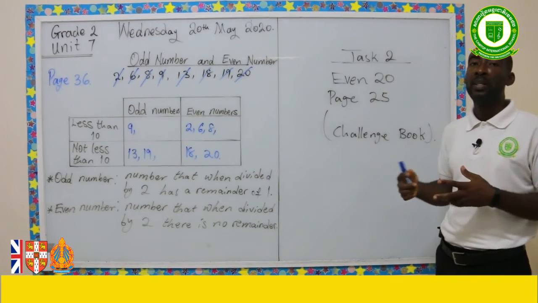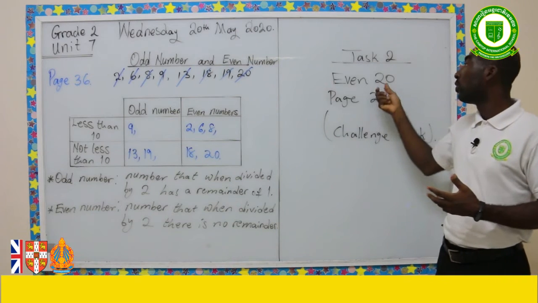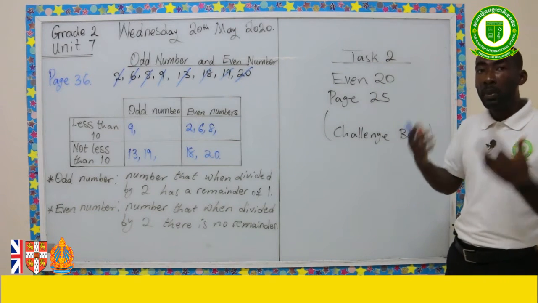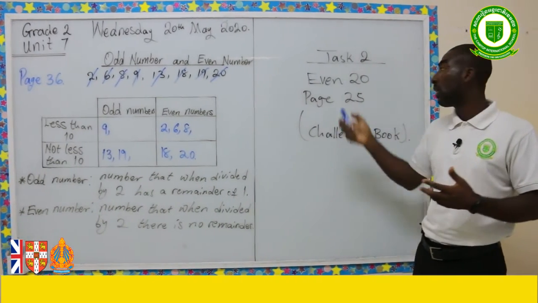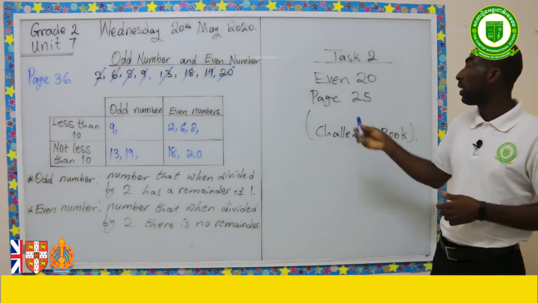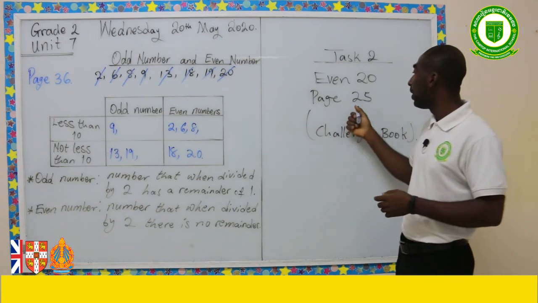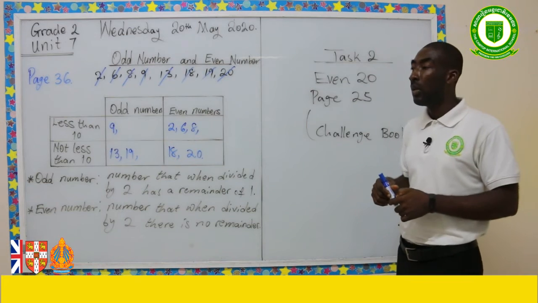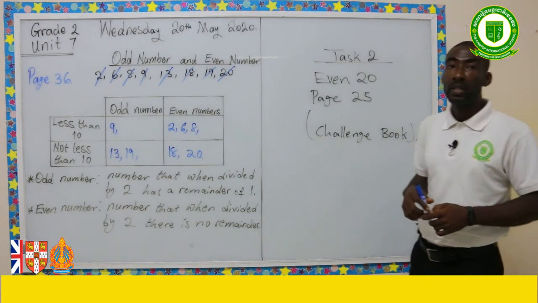So you are combining two different even numbers that will add up to 20. So you have to come up with two different possible even numbers that will add up to 20. So you can find this exercise again on page 25, and if you have any difficulty understanding, you ask in the group and I will explain further for you to understand.